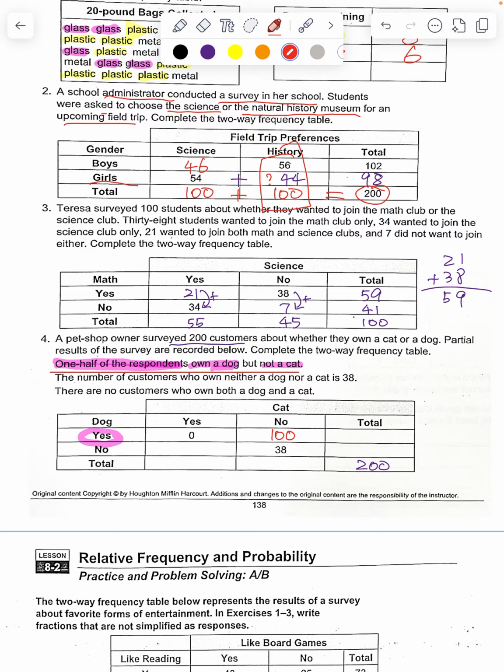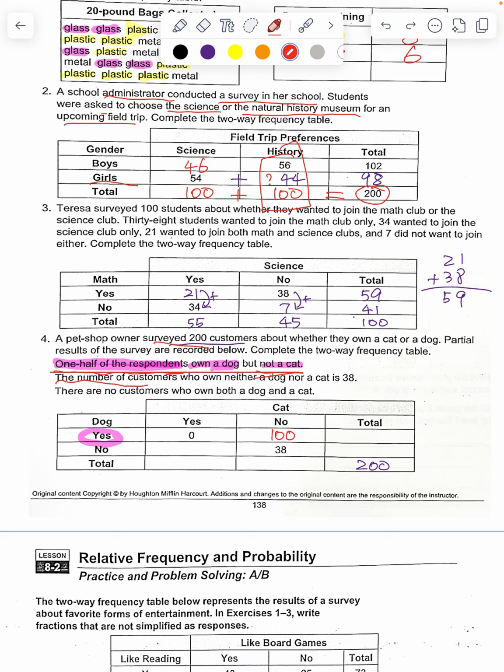Let me think. Let me double check. One half of the people, that's 100, own a dog but not a cat. I think that's correct, right?